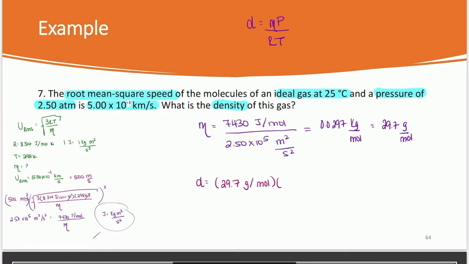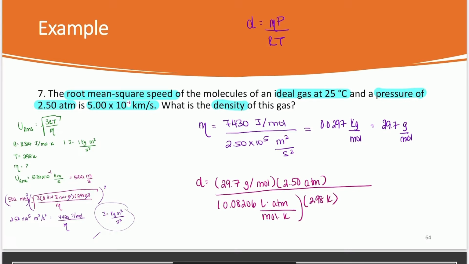My pressure here was 2.5 atmosphere, so 2.50 for sig figs. My gas constant, I'll have to use the other form of the gas constant, 0.8206 liter atmosphere per mole K, times my temperature, 298 K. I know this seems like a really long involved problem, but I promise you guys have all the pieces to be able to do this.